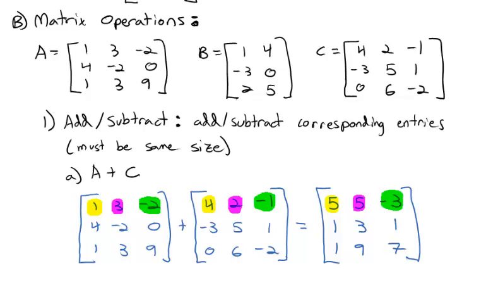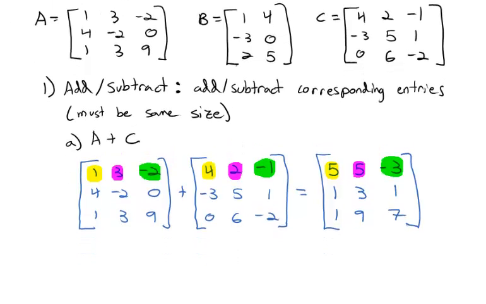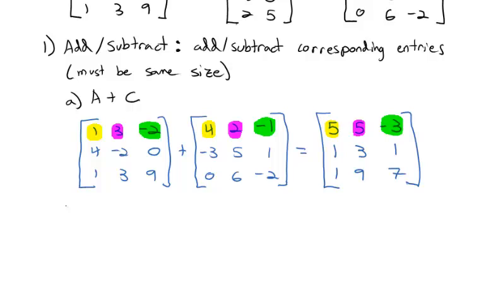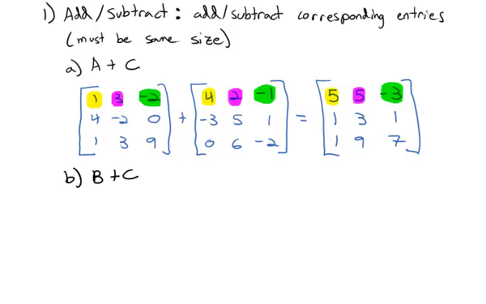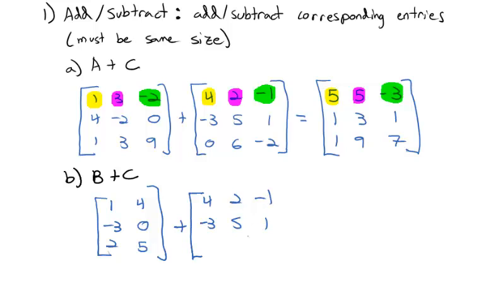Subtraction we already saw in the previous example, so I'm going to skip subtraction. But how about if I want to do B plus C? Matrix B, if you wrote it down in your notes, was 1, 4, negative 3, 0, 2, 5. Matrix C was 4, 2, negative 1, negative 3, 5, 1, 0, 6, negative 2.